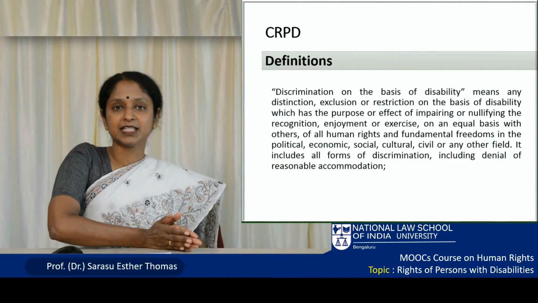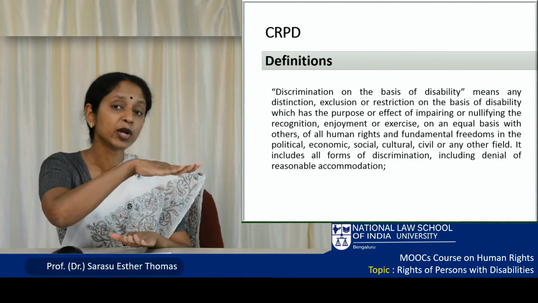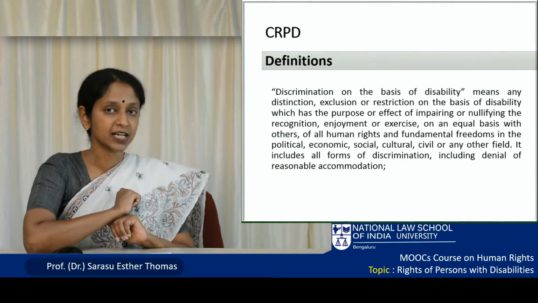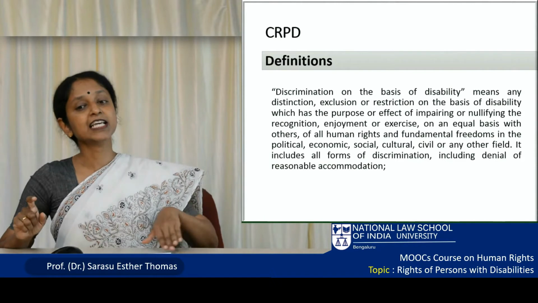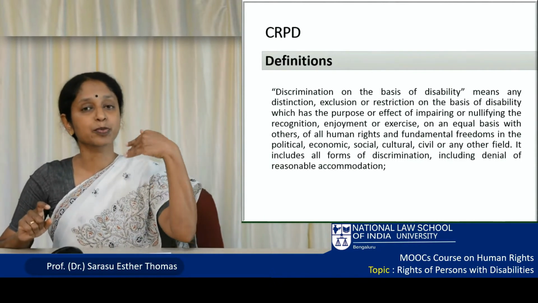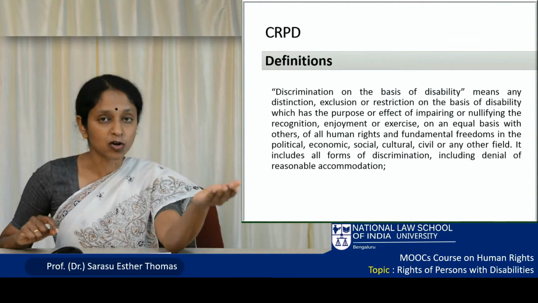In employment, it means that you cannot discriminate against someone and say that they cannot be employed on the basis of a disability, provided the person has met the other criteria. And in such cases, you have to make sure that there is in every case reasonable accommodation.